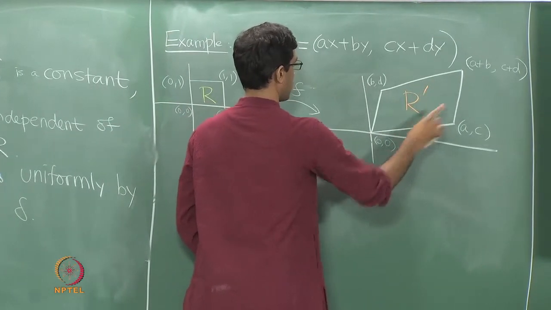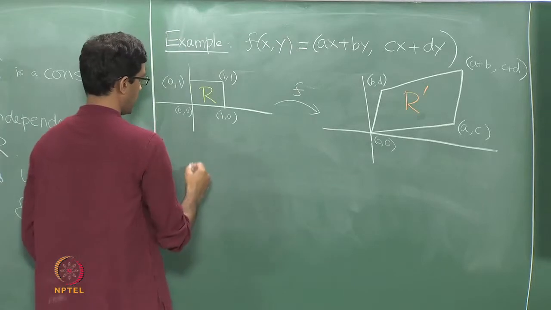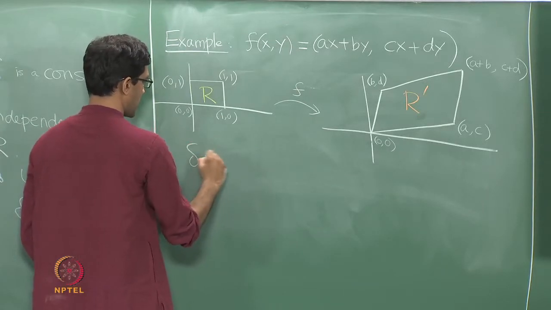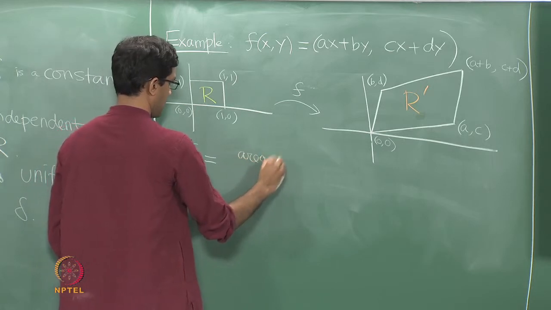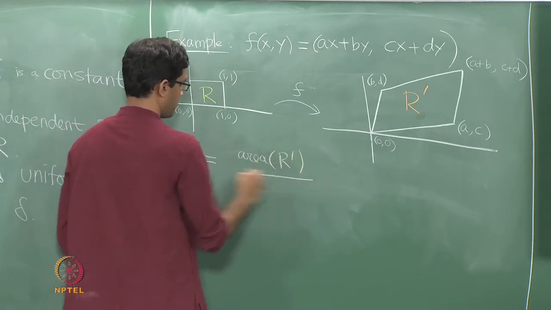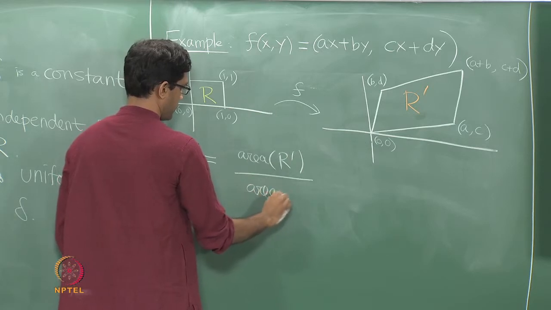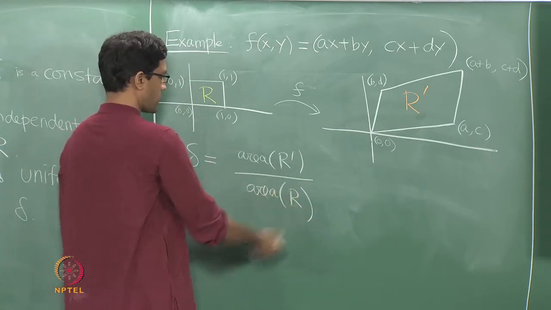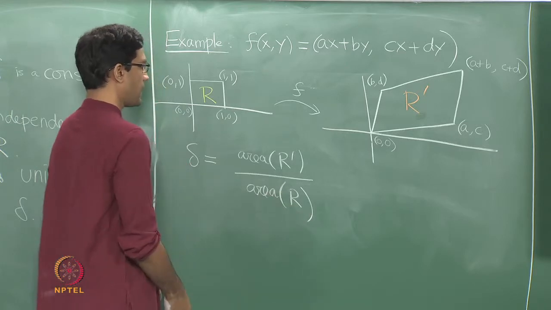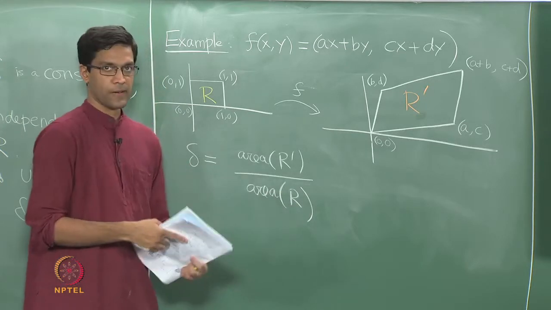So I will compute the area of the parallelogram and divide it by the area of the square. So this scaling factor delta is just the area of the parallelogram divided by the area of the original region R. Now of course the original region has area 1, so I do not need to do anything there, all I need to figure out is the area of the parallelogram.